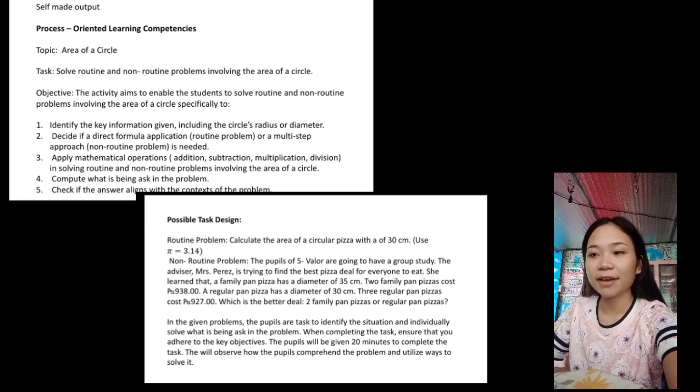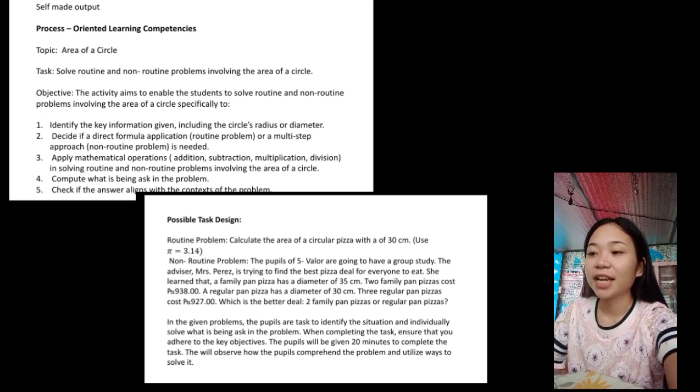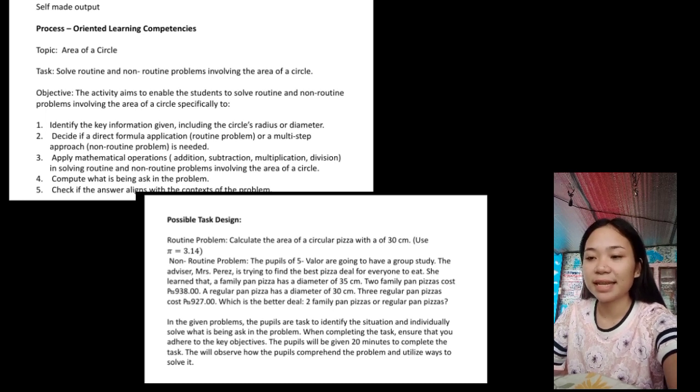So this is my objective. The activity aims to enable the students to solve routine and non-routine problems involving the area of a circle, specifically to identify the key information given, including the circle's radius and diameter. Second, decide if a direct formula application, routine problem, or multi-step approach, non-routine problem, is needed.